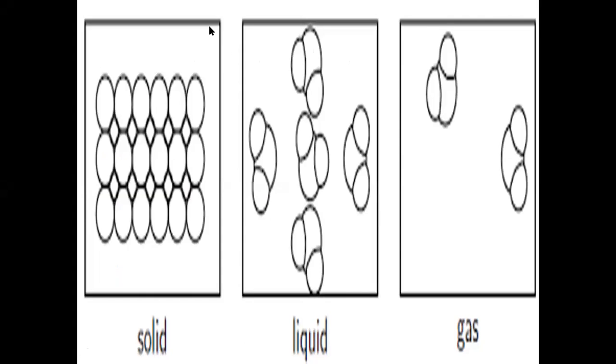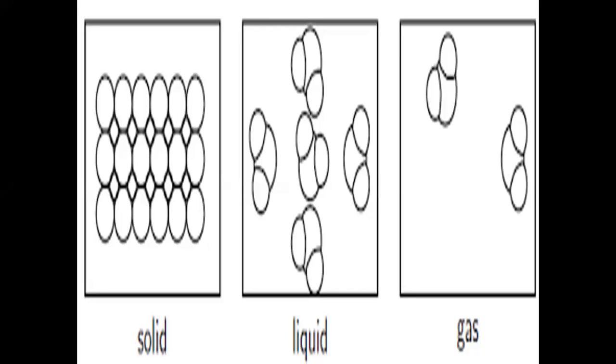Okay. Yahya, can you see this picture now? Yes. Okay, can you answer this? What is the difference between them? Solid has strong electrostatic forces between particles, so they are not moving freely.